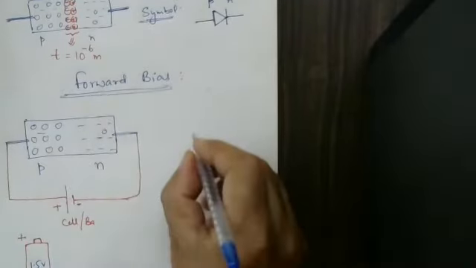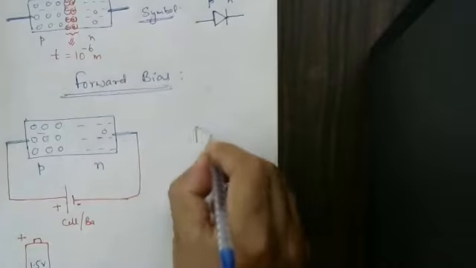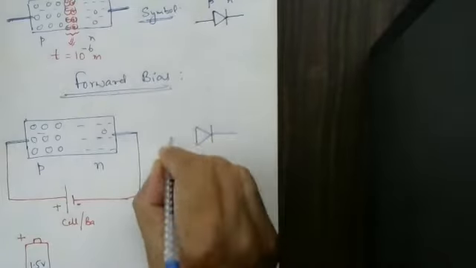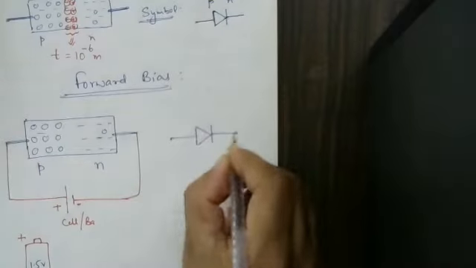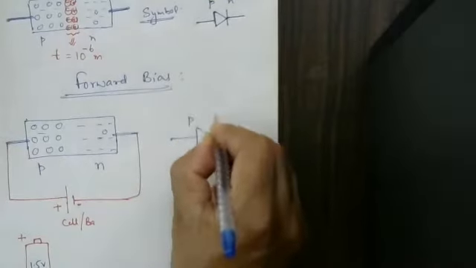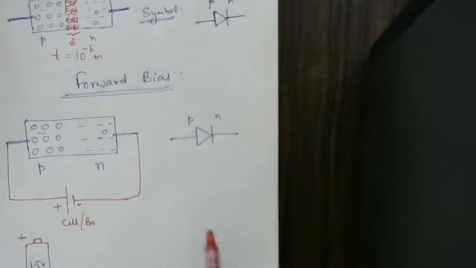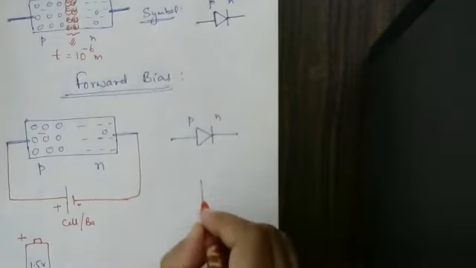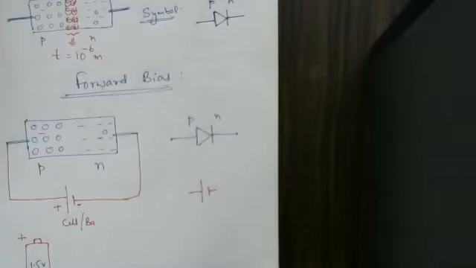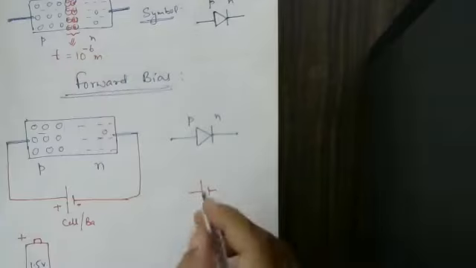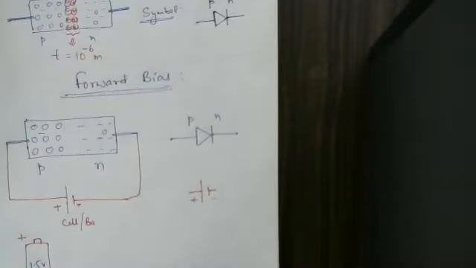I can show it circuit-wise like this. This is a diode, this is P and this is N. We are having a battery here. The battery possesses positive and negative terminals.